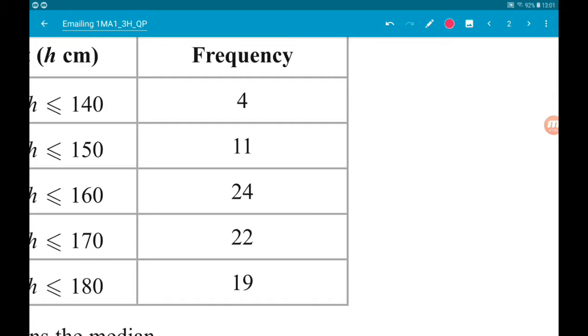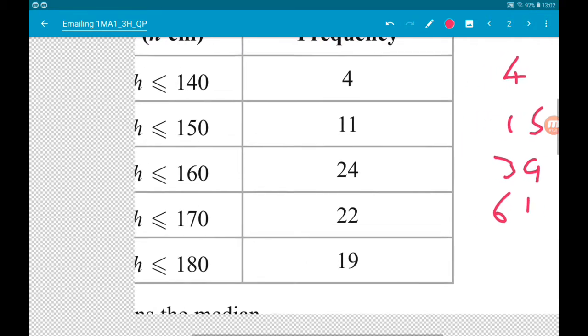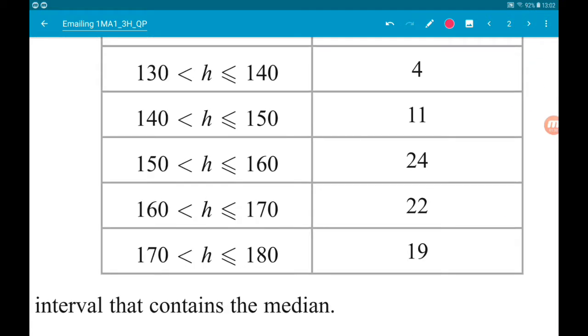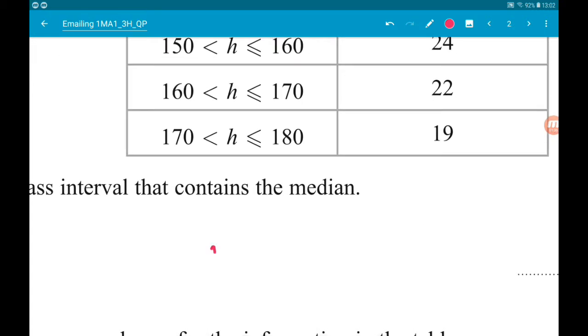So if we go through from the top, we got 4, add 11 is 15, add 24 is 39, and then add 22 is 61. So we've gone from having 39 students to 61 students, so the median is in that interval, 160 to 170.